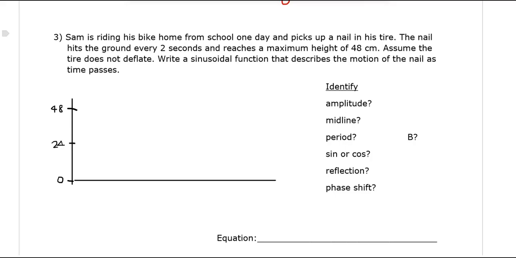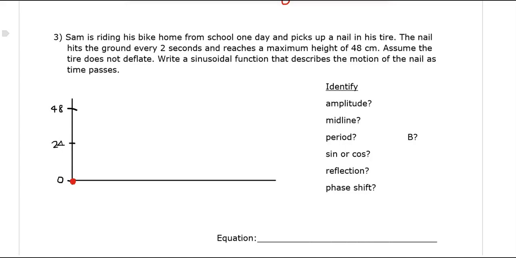And then now I have to kind of consider everything else. So I need to talk about the motion of the nail as time passes. Okay, and so we're going to talk about what we do know. We know that every single time, the nail is hitting the ground. So I'm going to start with where it's hitting the ground, right here. And then I know that every 2 seconds, it's going to hit the ground again.